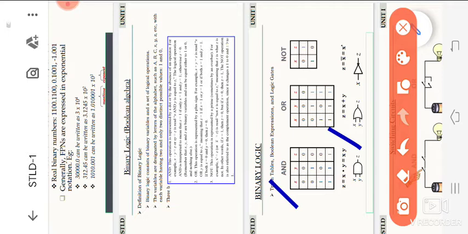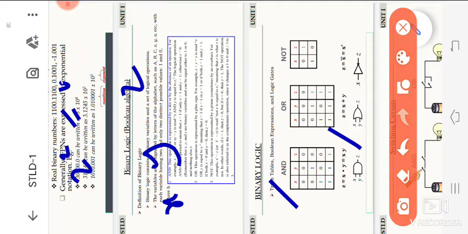That means with logic 1 and 1, you get an output of 1. So this is the AND gate. Here we apply inputs X, Y, so two inputs are there, that means 2 power 2.